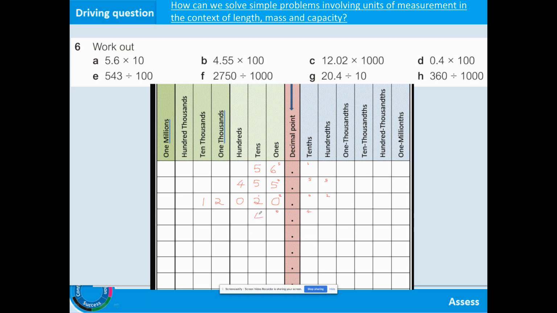I've got no other digits to move on, so I need to fill up this space with a 0 to hold that place. Now my 4's moved over 2 places. This 0 that we had in the first place here, it doesn't have any value there. It's not changing the number if I put a 0 there, so I don't need to write it down. This is the first digit that's of value, the 4 that is now in the tens column.